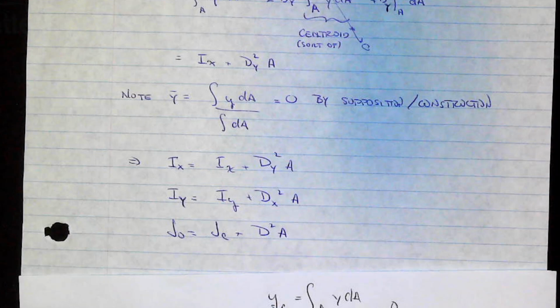So how do we compute this? Well, here's the basic equations. So differential, we can define it as a differential about the x and a differential about the y, or we can just integrate them. So area moment of inertia about the x-axis is the integral over all the area of y squared dA. So notice this y squared. So distance off, the farther you are off, because of the square, the effect of being farther off is magnified.